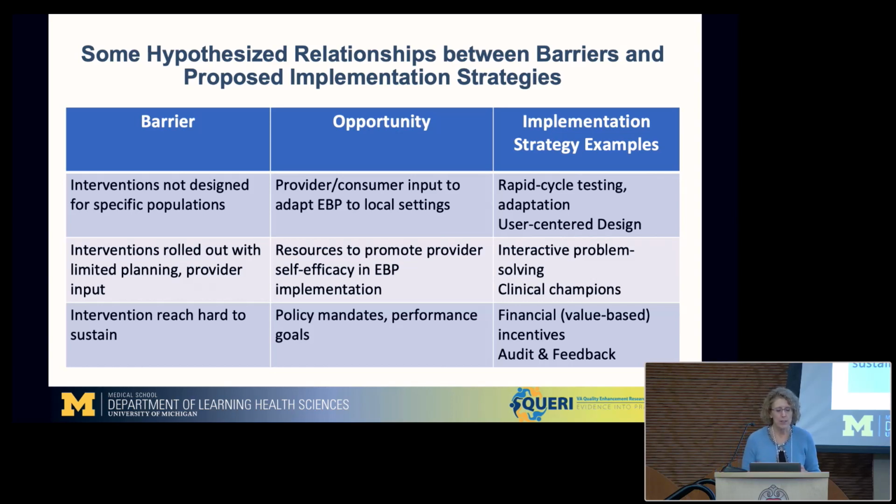And if intervention reach is hard to sustain, then you think about other types of financial or non-financial incentives to sustain that intervention over time, such as audit and feedback and other strategies as well.